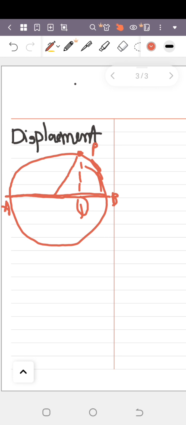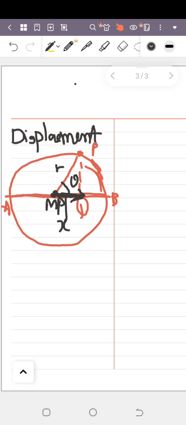So this position will be the mean position at which it will start. And this is the radius of the circle, and it will make an angle theta between them. So the displacement from the mean position to the shadow will be denoted as x. So we'll find out x.